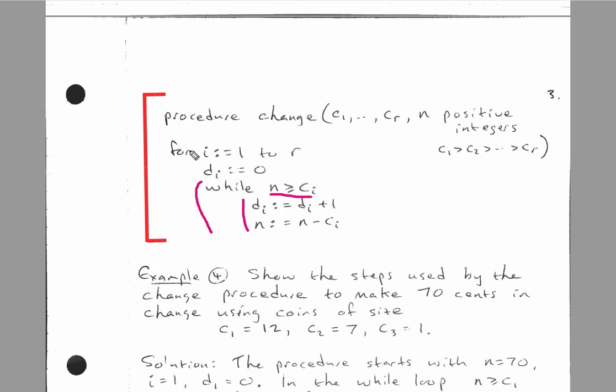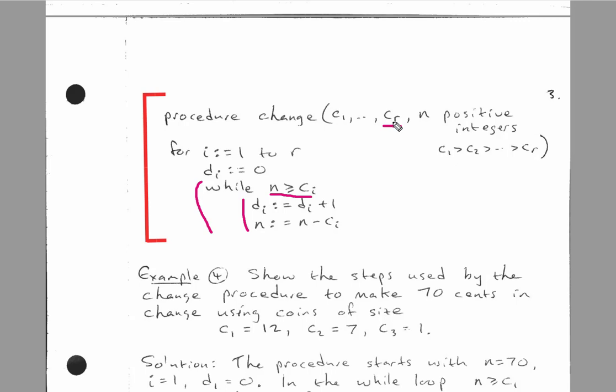And then you go to the next coin, I is 2, and we look at C2. Again, the counter for the C2 coins is D2, that gets initialized to 0, and the same procedure. The loop goes as far as R, so then you see how many of the last type of coin you can fit.